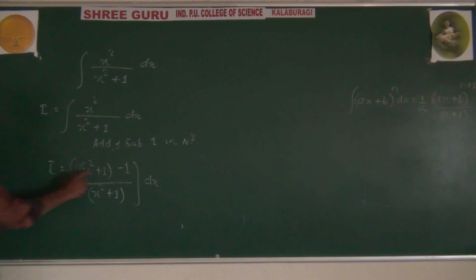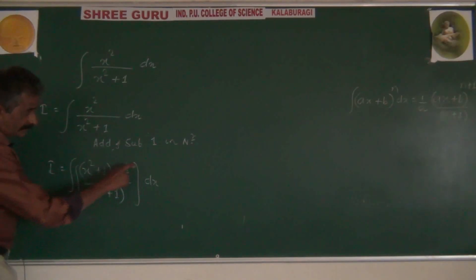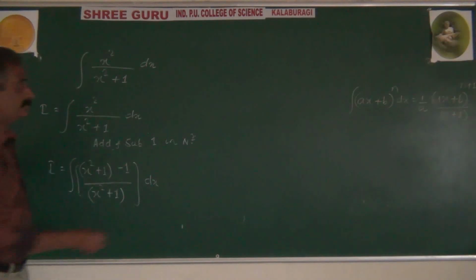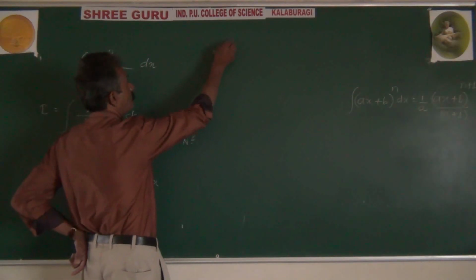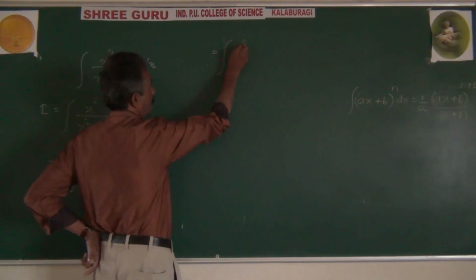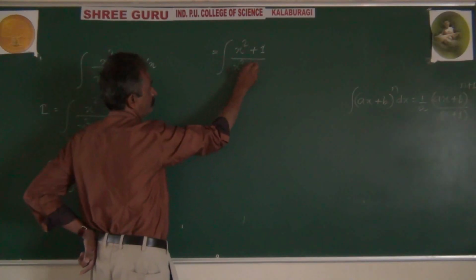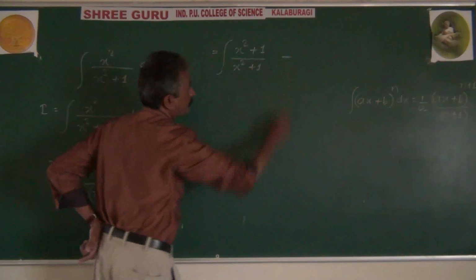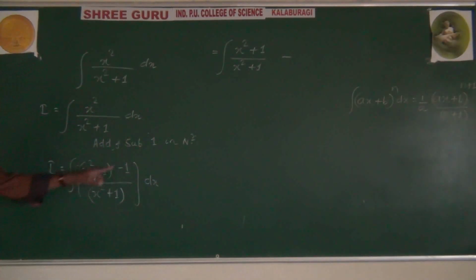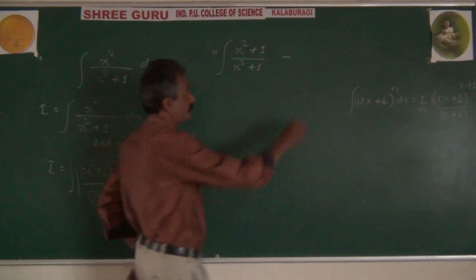It is just like (a minus b) by c equals a by c minus b by c. That means it is equal to integration of (x square plus 1) divided by (x square plus 1), minus the next term, 1 divided by x square plus 1.